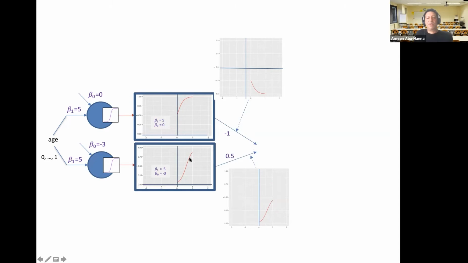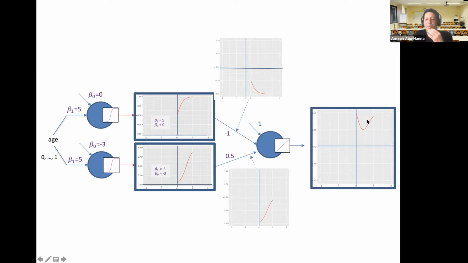I multiply this one with half, which will scale it. And then I add them again. But now I take just a linear outcome. I don't do sigmoid. And I can get something more complex. So the idea here is that with very simple tools like logistic regression, if you do multiple layers, you can get really crazy shapes, and you can fit whatever you like.